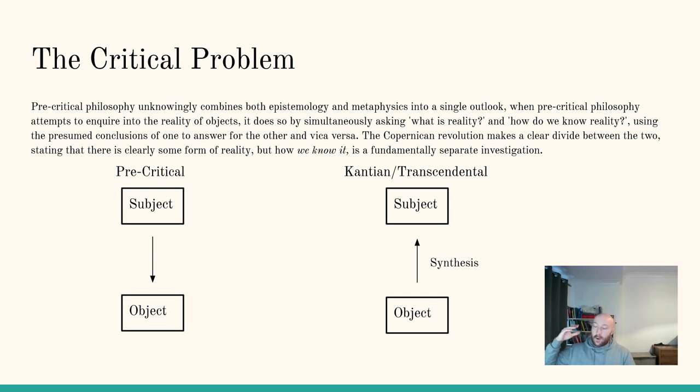So what I mean by the arrow is the sensing goes from the subject to the object, and nothing is happening between that. That is to say, we are looking out into the objective, experiential reality, and that is how it is. Or even if it isn't how it is, that's what we have to deal with. But we haven't assessed the conditions of that arrow and whether or not the direction of that arrow is even correct. So the direction of this arrow pre-critically, very roughly speaking, is going from subject to object.